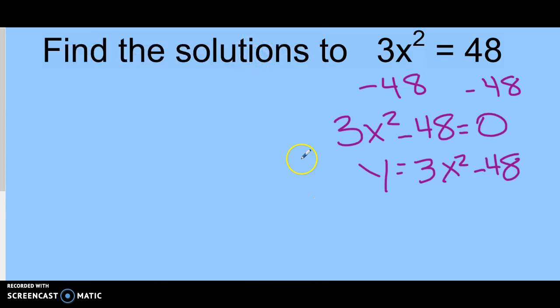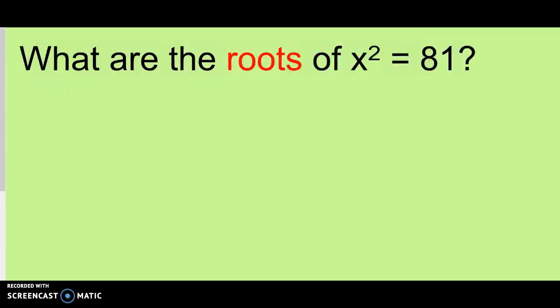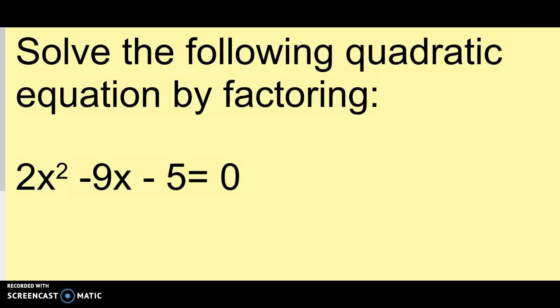So those are my two solutions. So this must be a difference of squares, which it is. Okay, so x is equal to -4 and x is equal to +4. And those are your two answers for that. Let's see if there's anything else that we can do. That one, I think we're going to talk about those later.